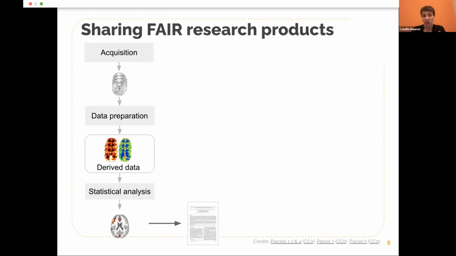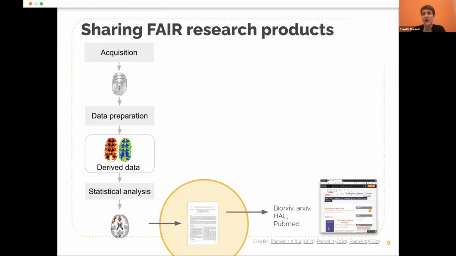Typically, what is shared with the research community, if we get lucky, is a scientific publication. And of course, in recent years, there have been increased efforts to first make these publications open to all. Here I've outlined a number of repositories, either institutional or preprint servers, where these can be deposited for free, both for the readers, but also for the people sharing their papers, the authors.